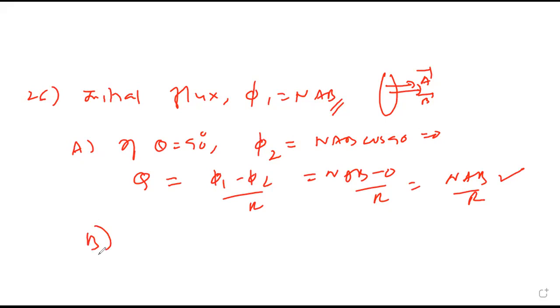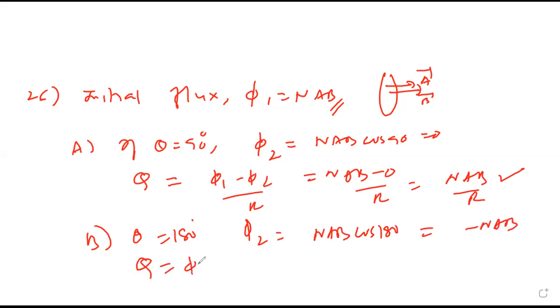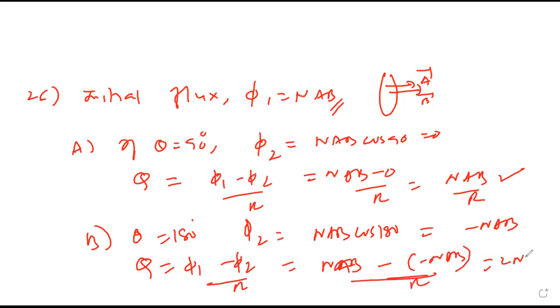Second, if theta is 180, so phi2 will become NAB cos of 180, which is minus of NAB. So charge induced is phi1 minus phi2 by R, NAB minus of minus NAB upon R, which will become twice NAB upon R. Same they have given. So this is also correct.